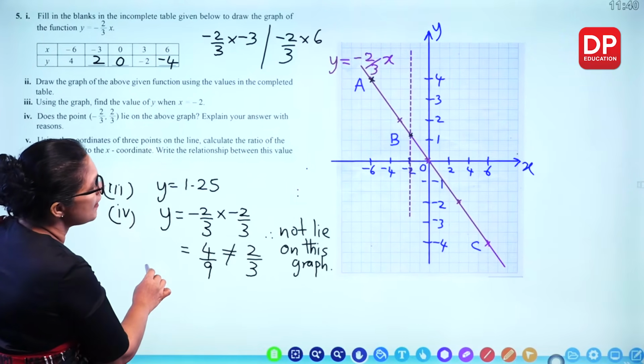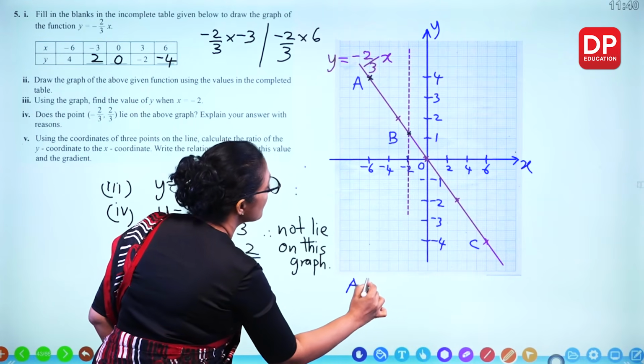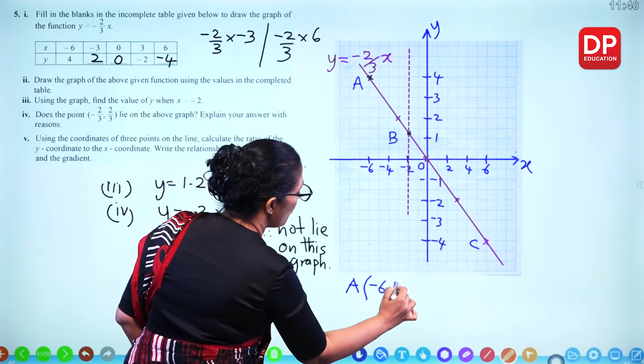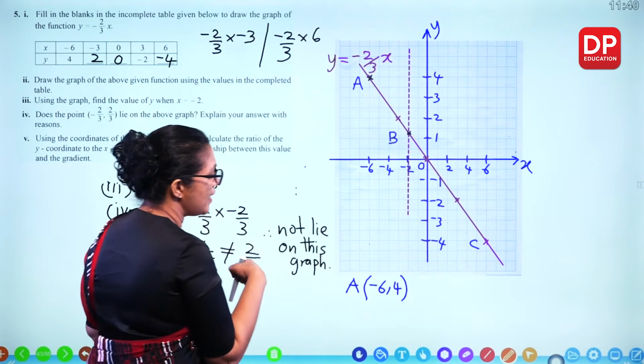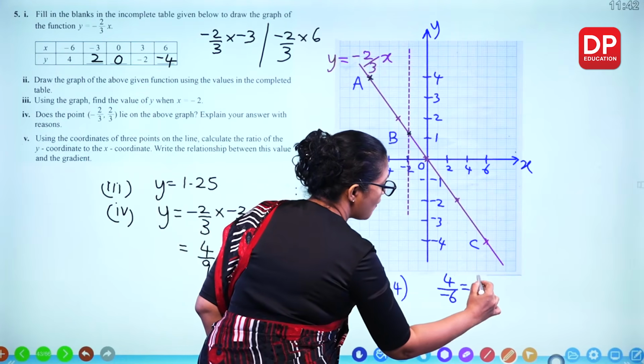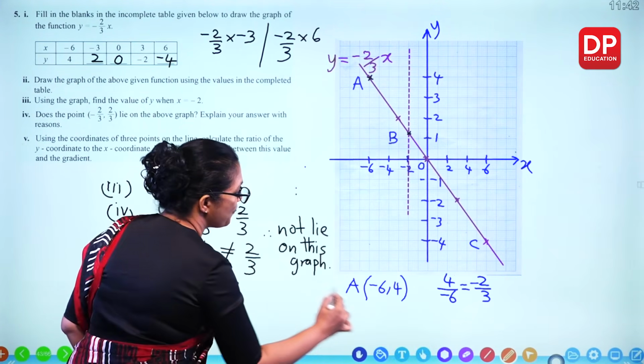So we'll do it here. A. What's the coordinate? Minus 6 and 4. What's the ratio between y and x? 4 over minus 6. When you simplify, you get 2/3. You can put minus there.